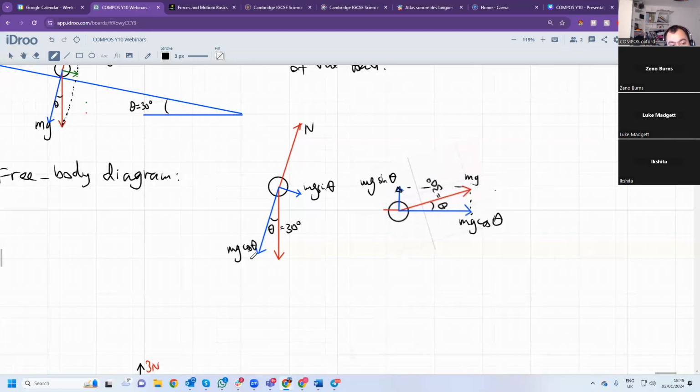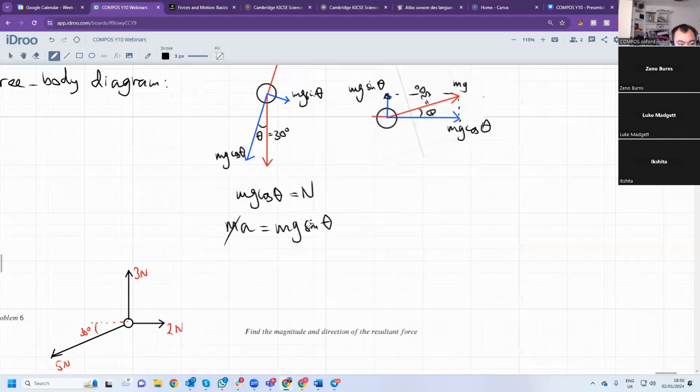And as you can see, mg cos theta has to be equal to N. So mg cos theta has to equal the normal reaction force. They cancel out because the ball is not moving up or down. It's moving along the slope. So ma is equal to mg sine theta, and then m cancels out.